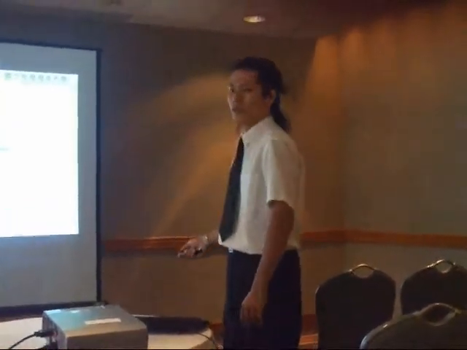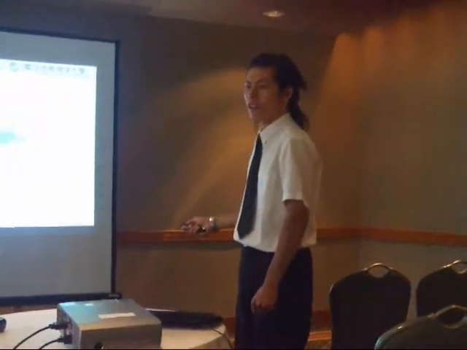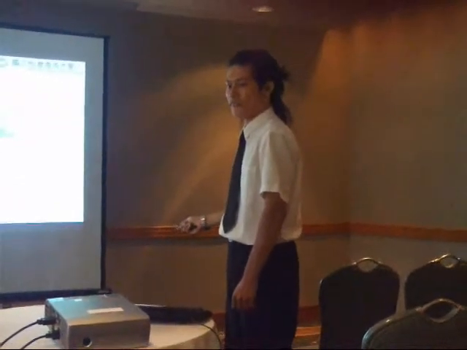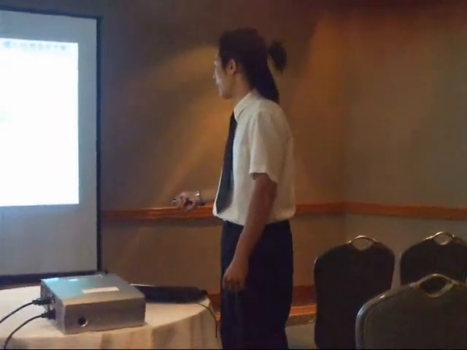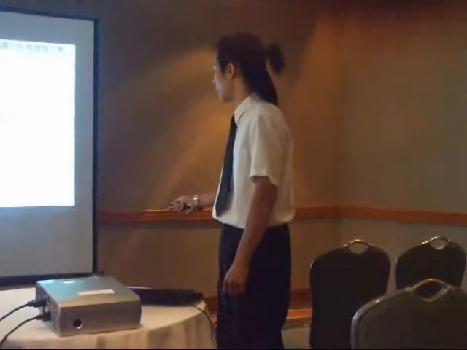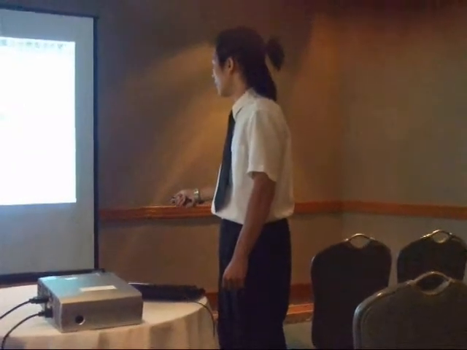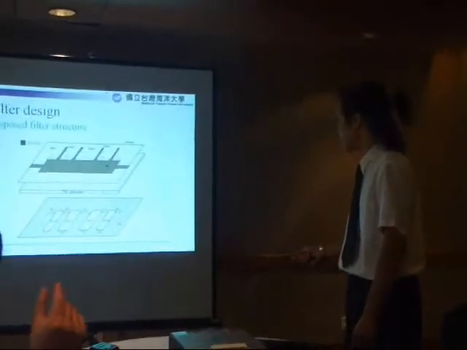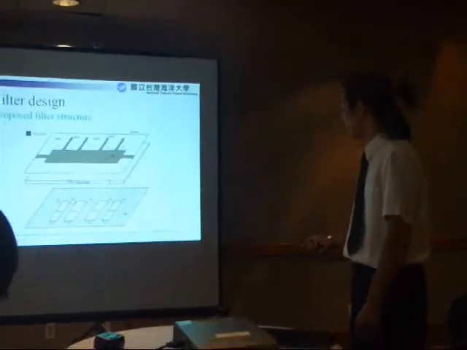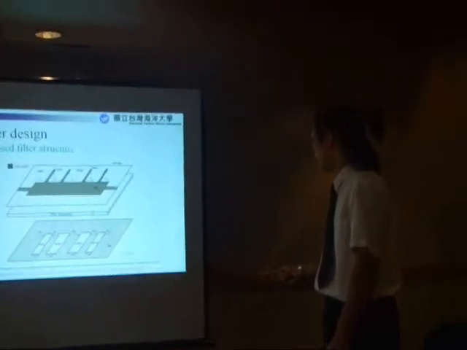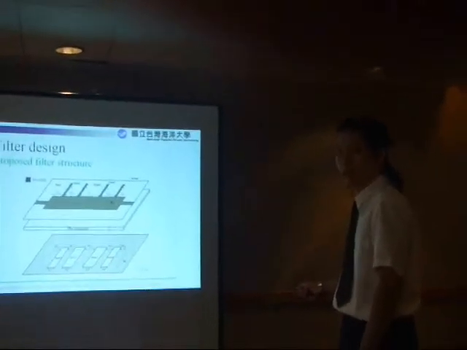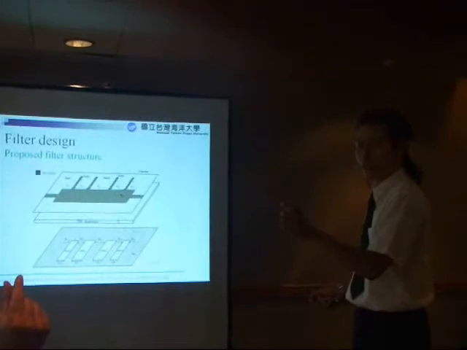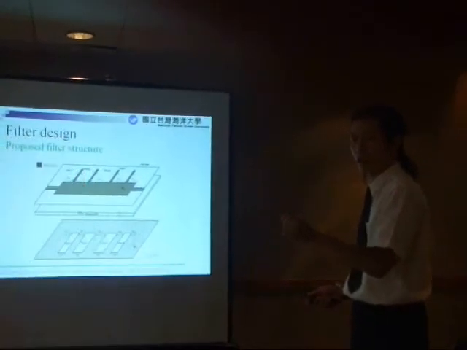So what's the dimension for the W2? 2.54. And what are L1, L2, L3? Slot 1, slot 2, slot 3, slot 4, the length. You have width and length for each slot.